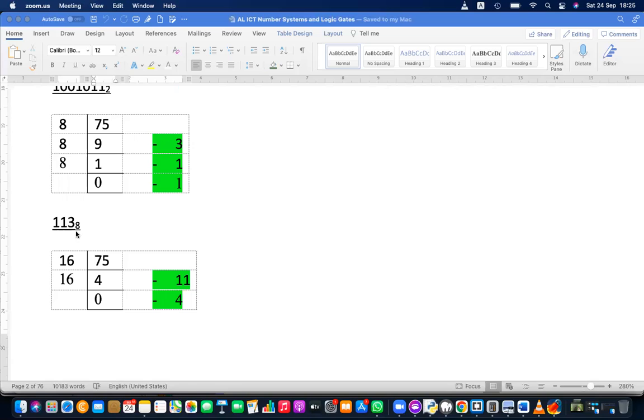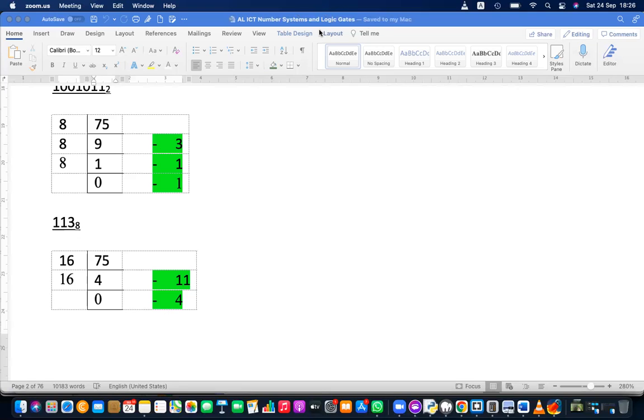130 in Octal. This is the next one. 75 divided by 16. 16 plus 16, 32. 32 plus 32, 64. So you can say 4 remaining 11. 64. Then yes, there are 11 more. 4 remaining 11. Then 4 divided by 16 is 0 remaining 4.